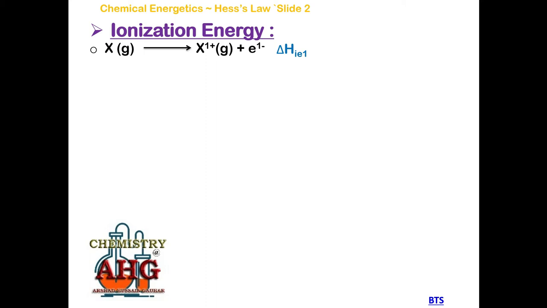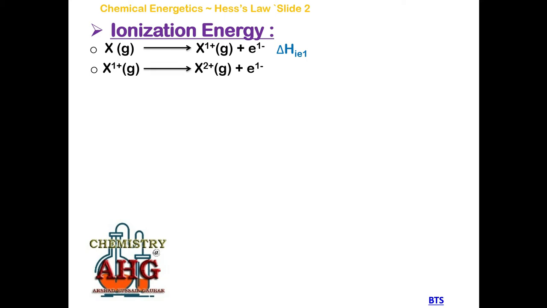So X has become a unipositive ion. Whenever it happens, this type of ionization energy is known as first ionization energy. And then if you remove one more mole of electron from X1 positive, it may become X2 positive.